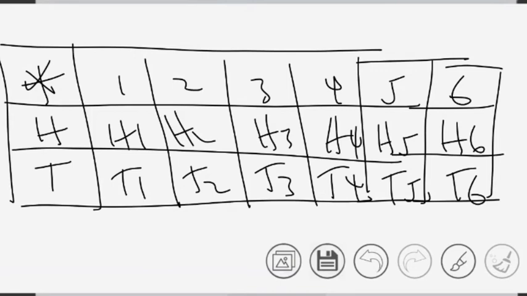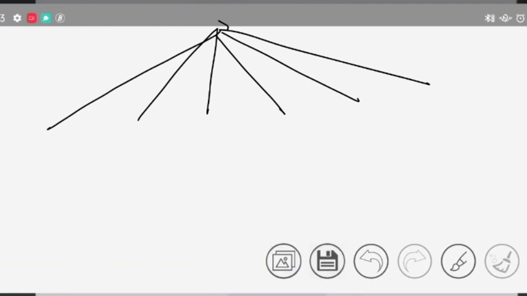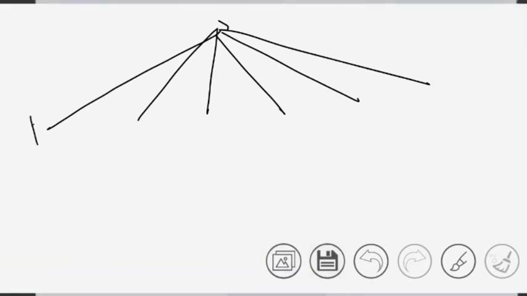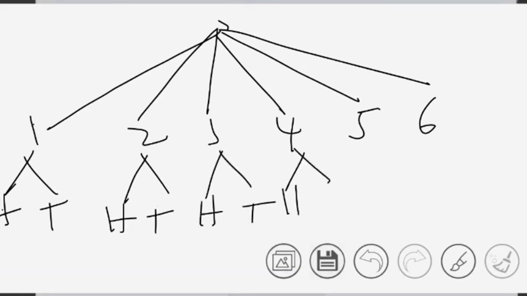But if I was to make use of my tree diagram, it's also more beautiful. All I just need to do is, my first tree is to be the tree of my sample point for the die: 1, 2, 3, 4, 5, and 6, where each of the branches has head and tail.